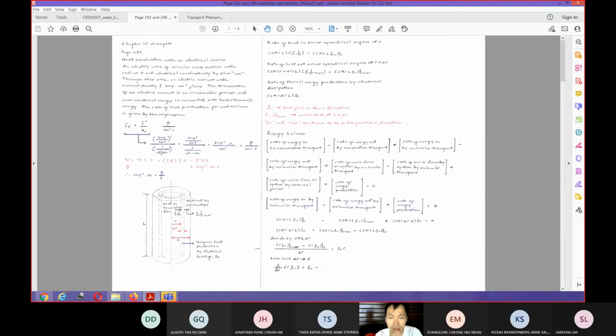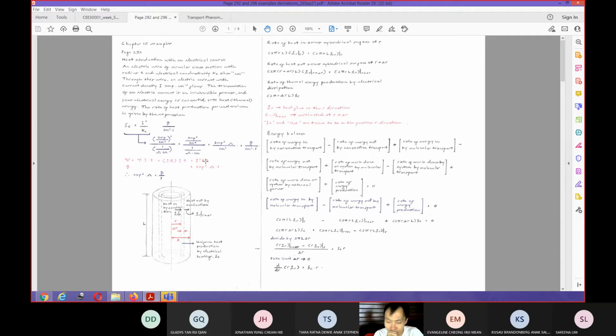So what I did here is just a conversion of the units to recheck that this is really correct. So if I convert everything, then I can confirm that this is correct, joule per centimeter cubed second. So it is very important for you guys to not just trust the book or trust my calculations, but rather you need to check and confirm by yourself whether that is correct or not.